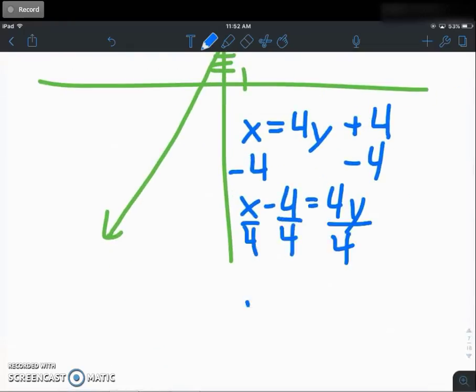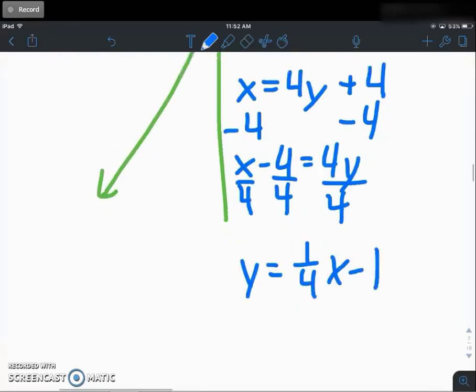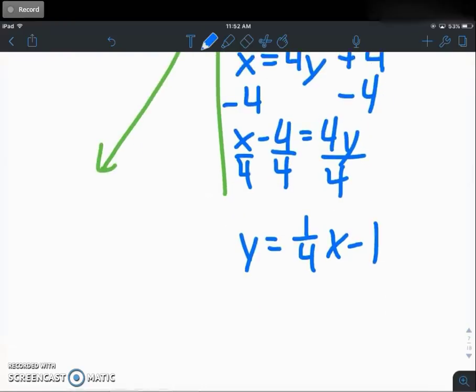So I'm going to get y equals 1/4 x minus 1. Now we have a special notation for the inverse, so I'm going to replace y when I have my inverse with f to the negative 1 of x, and that is just notation. It has nothing to do with solving the problem. It's just how we denote the inverse. So there's the inverse.